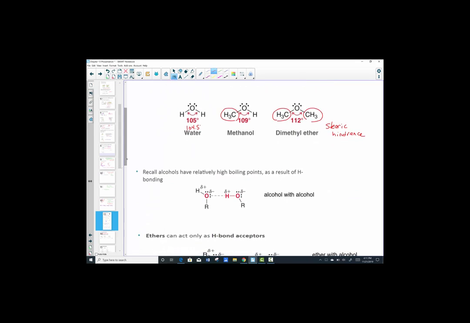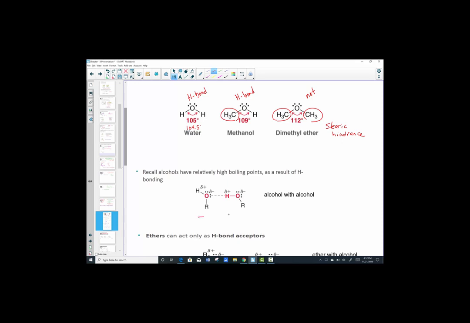And what I notice here also is water, of course, meets the criteria for H bonding. It has an oxygen directly attached to a hydrogen. Alcohols meet the criteria for hydrogen bonding, but the ether group does not. So in other words, because the oxygen is no longer attached to any hydrogens, we've actually decreased the intermolecular attractions between the molecules.